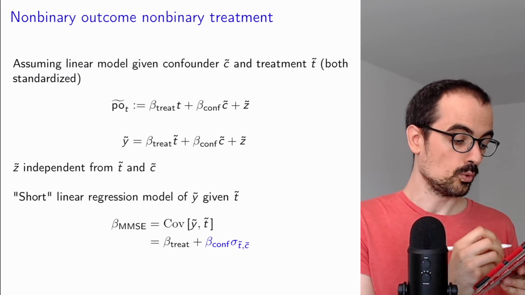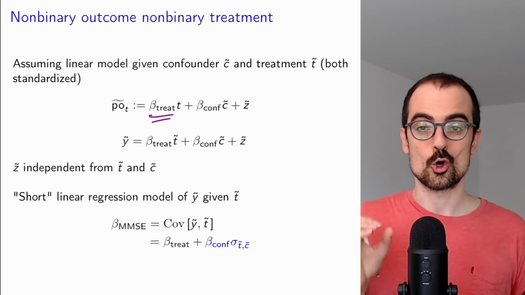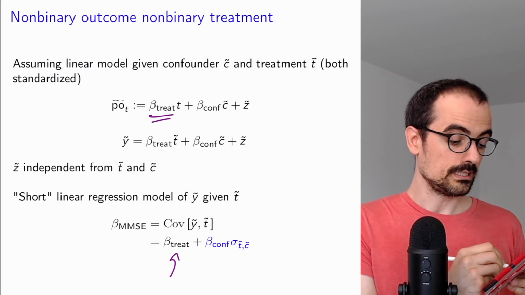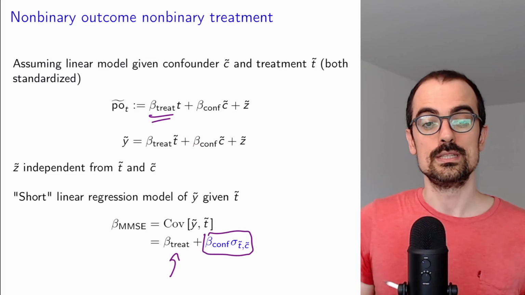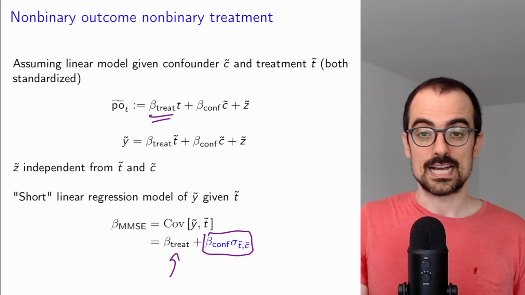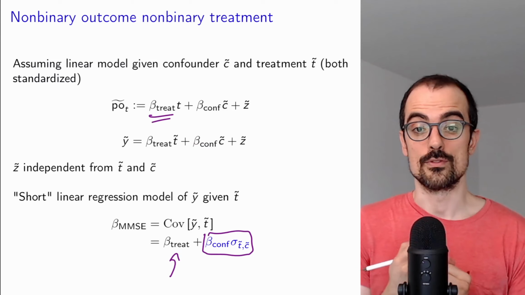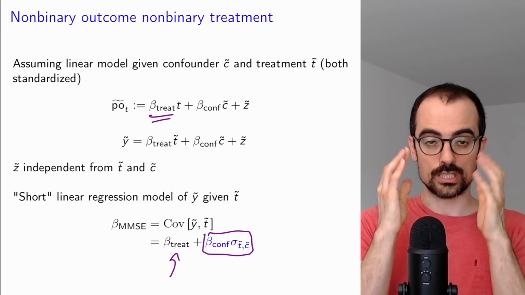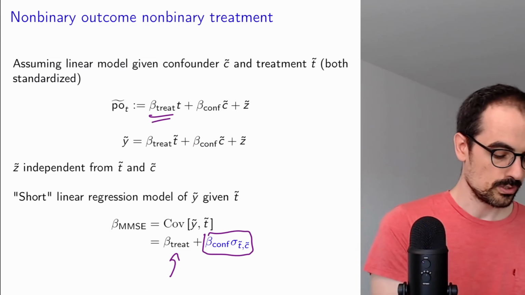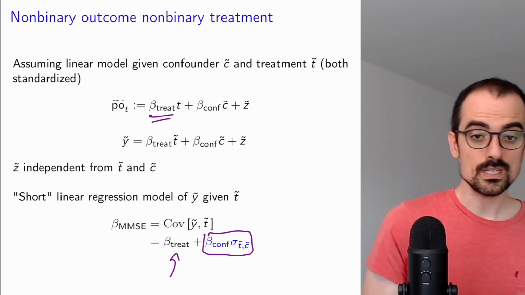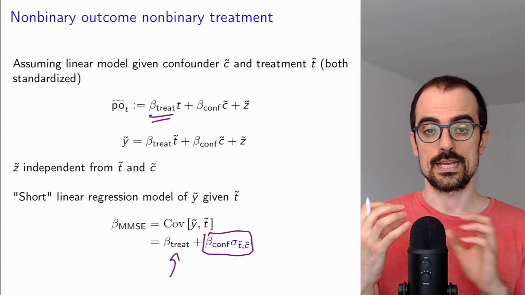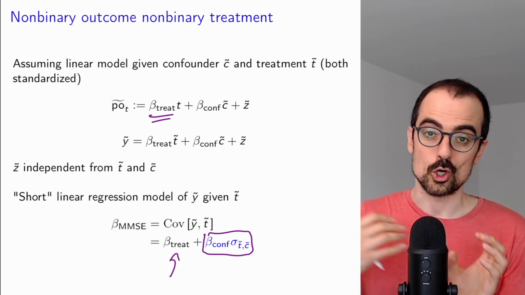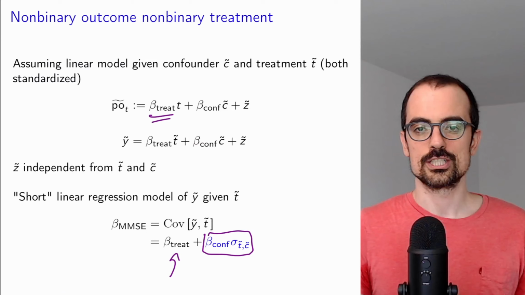It's going to be equal to the true causal coefficient that we're after, plus a quantity that is equal to the covariance between the treatment and the confounder times the coefficient of the confounder. So if the treatment and the confounder are independent because the treatment has been randomized, that's going to be 0, no problem. But if it's not, that effect of the confounder on the outcome is going to contaminate the linear coefficient that we observe.